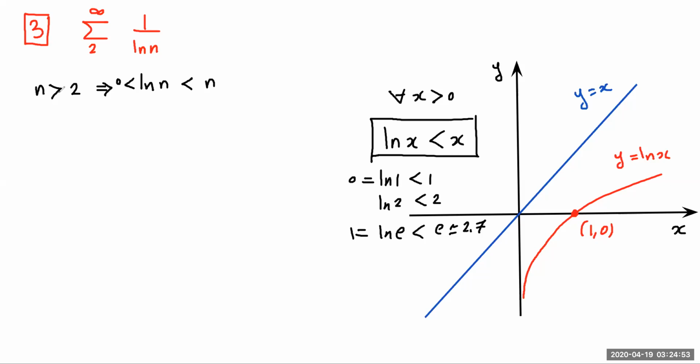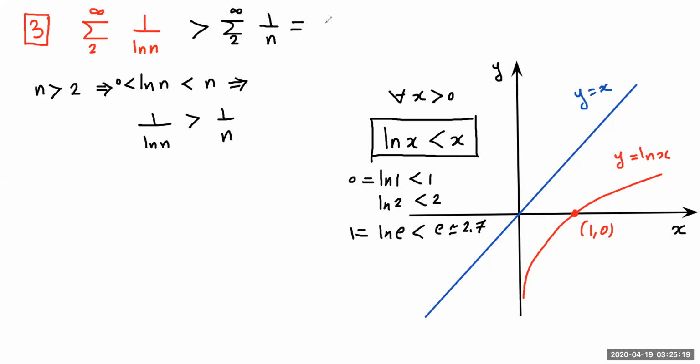If n is bigger than 1, ln n will be positive because ln 1 is 0. So from here, we can take the inverse. So 1 over ln n is greater than 1 over n. Now we can write this is bigger than sigma 1 over n from 2 to infinity.